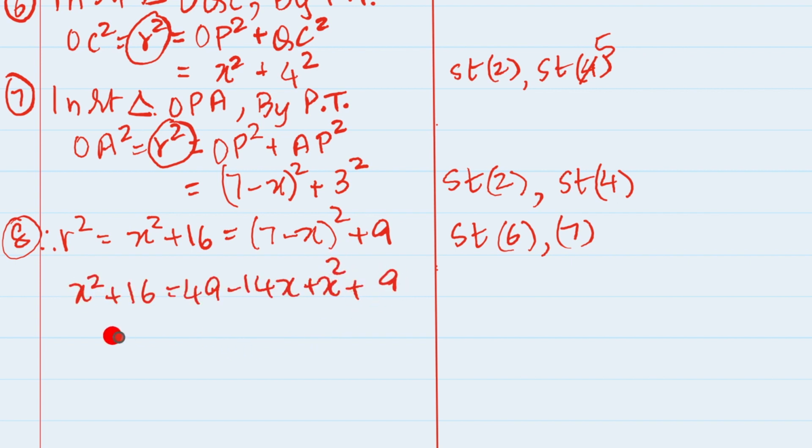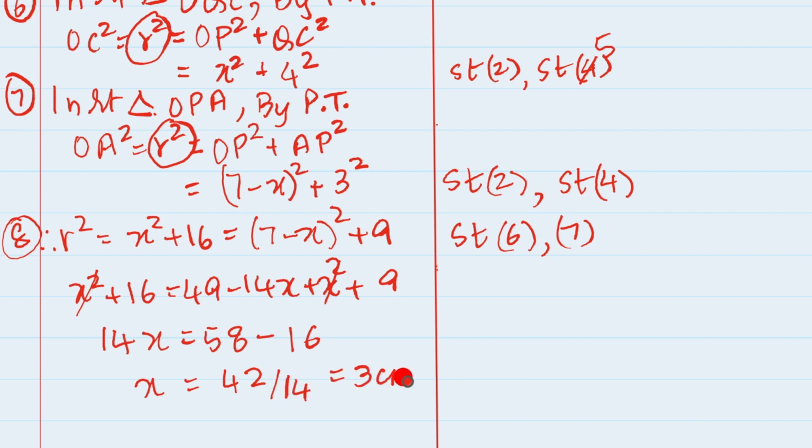You can solve it side by side and you can also check whether the answers are correct. Now here you will have 14x will come here, becomes positive. Now 49 and 9 is 58 minus 16. This goes that side. So x is equal to 42 upon 14, which is equal to 3 centimeter.